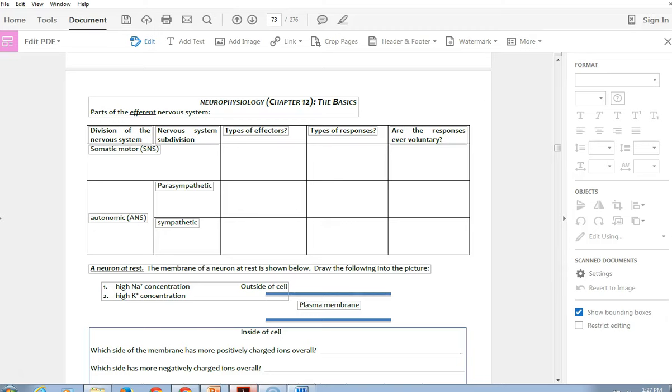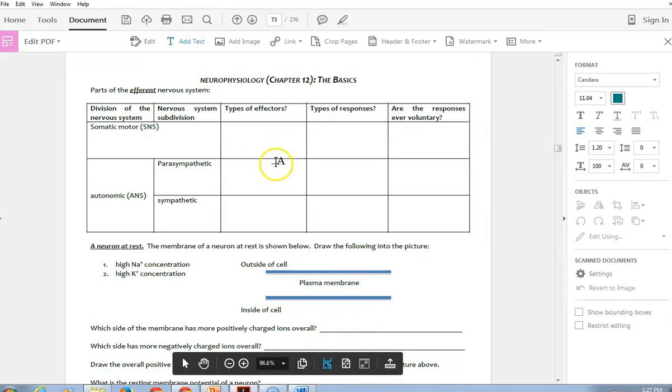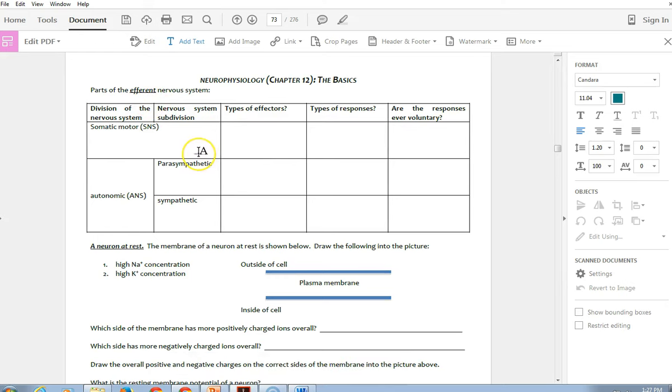So if you're following along on your class notes, then let's go ahead and fill out this chart right here. So somatic nervous system, the types of effectors, well, we only have one type, skeletal muscle. Okay, and what do skeletal muscles do? Well, they contract. And when they contract, they move your bones.